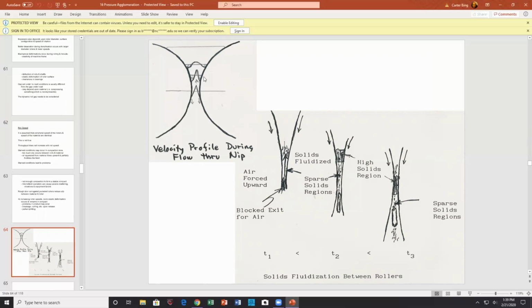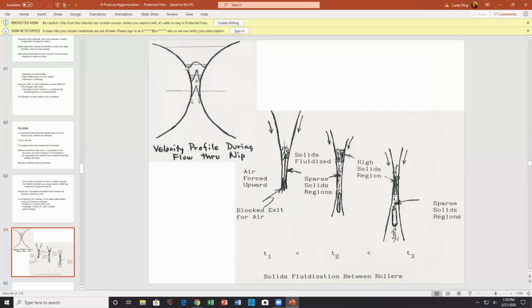And see, this is pulled inward again. So you're leaving zones in there where the solids are no longer at the tap density. They are actually sparse regions of solids due to the fluidization that can be occurring. The airflow rate in here is shown by this velocity profile.